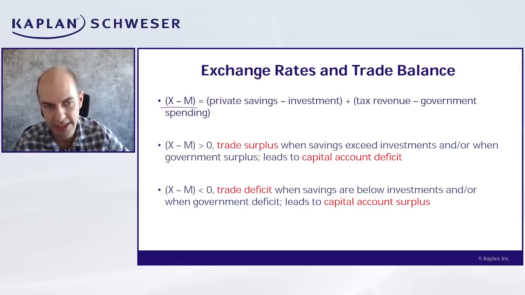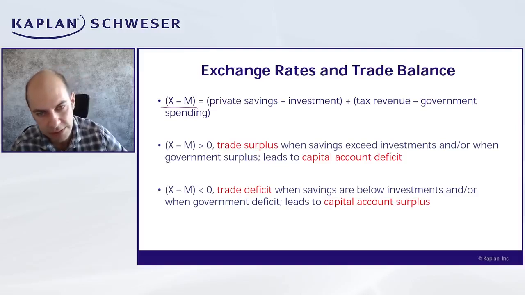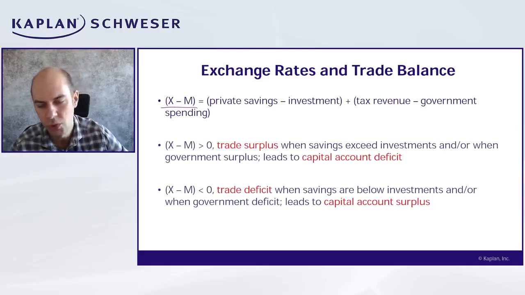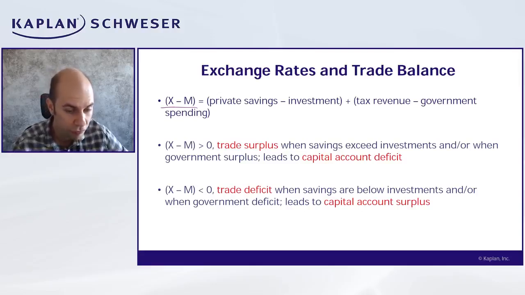And they're saying this is going to be equal to open close bracket savings minus investments plus open close bracket tax revenue minus government spending. Okay, so let's try to kind of intuit what's going on here. All right, so what does it mean, first of all, to have a current account surplus or a trade surplus?